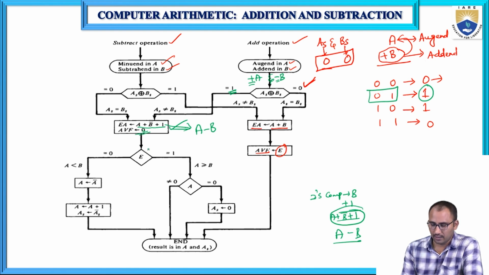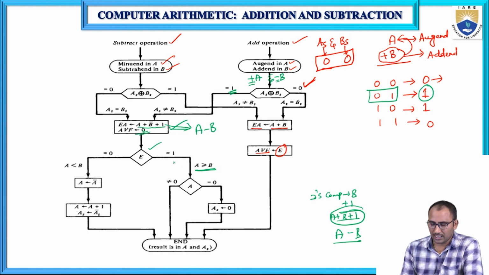Next, we are checking E is equal to 1. So E, the extended flip-flop, will be 1 if A is greater than or equal to B. In this case only we will get E equal to 1.